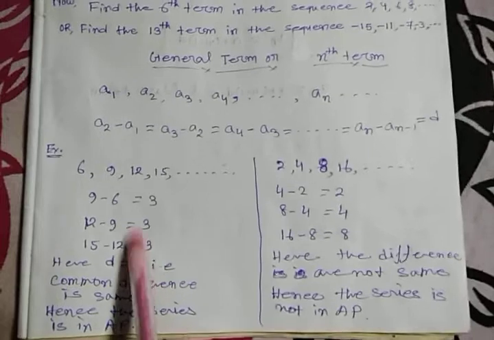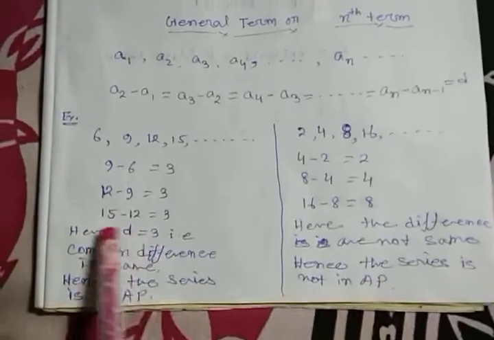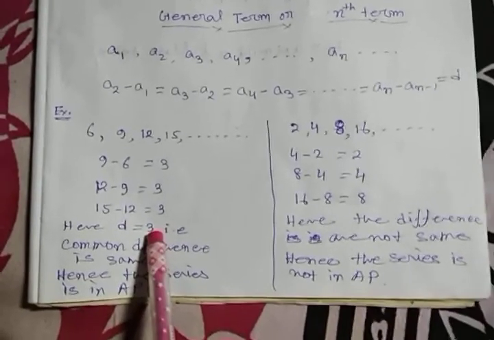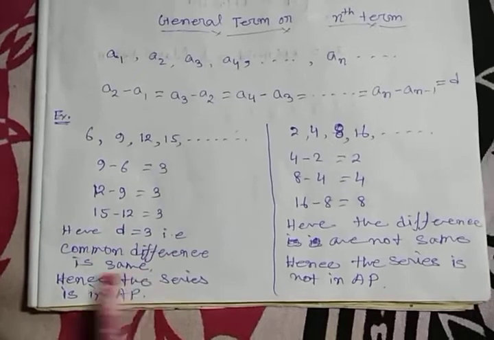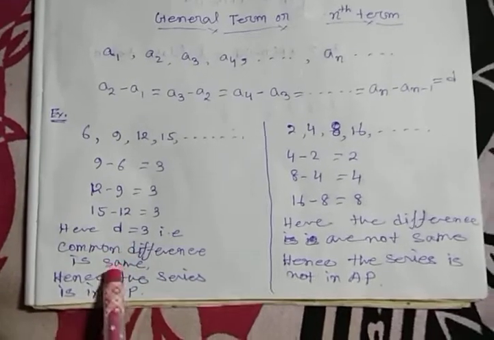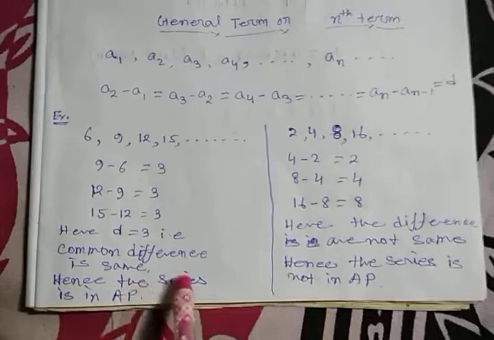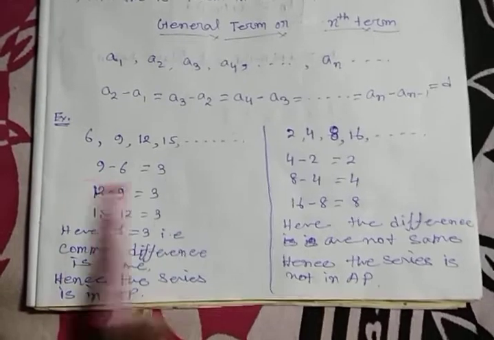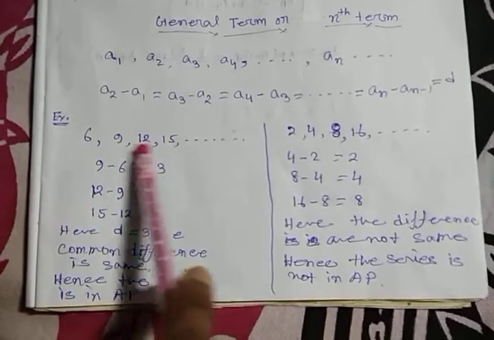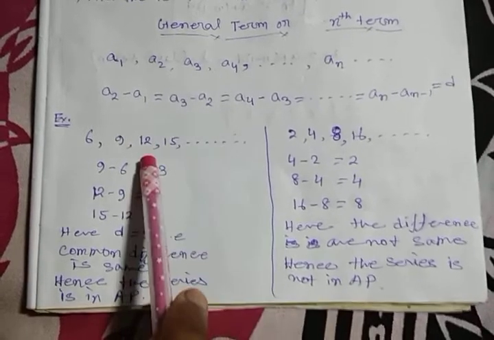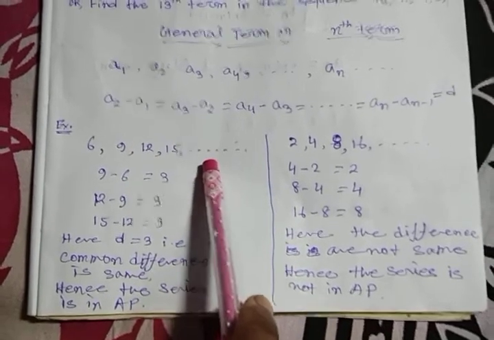Hence d equals 3, that means the common difference is the same, hence the sequence is in AP.